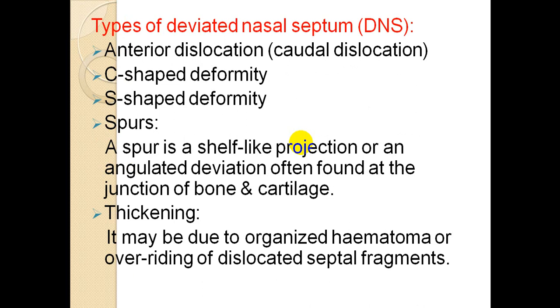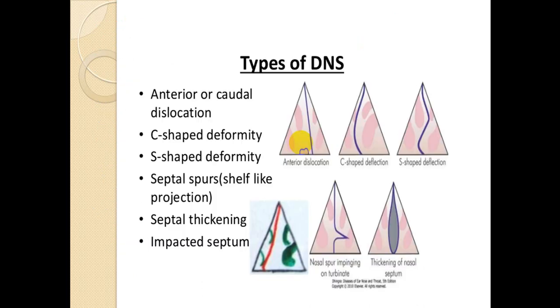Types of deviated nasal septum. We have the anterior dislocation of the septum, which is called caudal dislocation, the C-shaped deformity of the septum, the S-shaped deformity, the septal spurs, which is an angulated deviation or shelf-like projection of the septum, and the septal thickening.